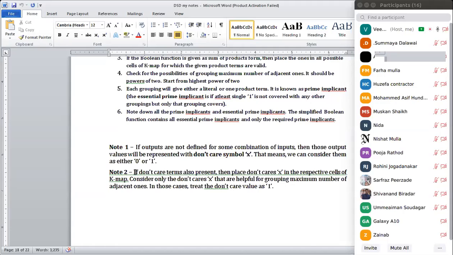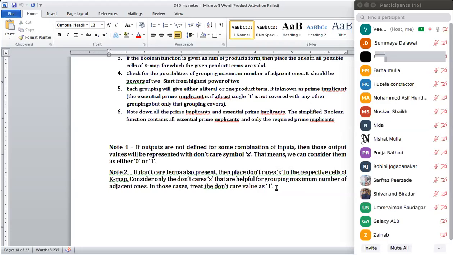Then we can consider this don't care to help us in grouping the maximum number of adjacent ones. In those cases, treat the don't care value as a 1.